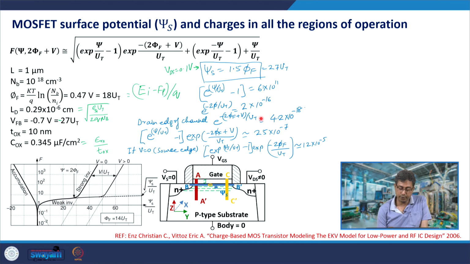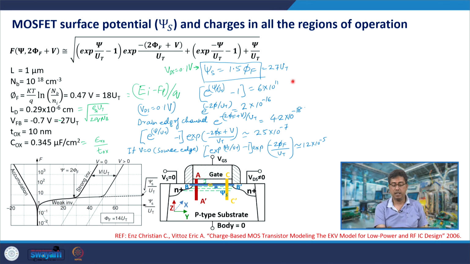See, the first term's value is this for V being 0.1 volt, that is at the drain edge of the channel, with VDS equal to 0.1 volt. So, from source edge of the channel to the drain edge of the channel, there is an order of magnitude reduction in the value of the first term.